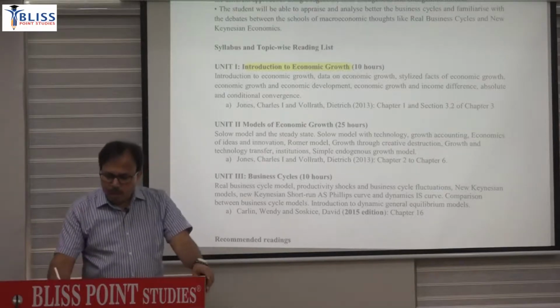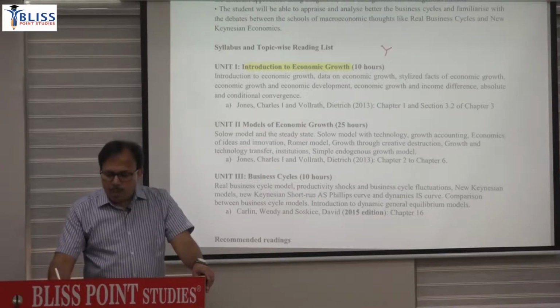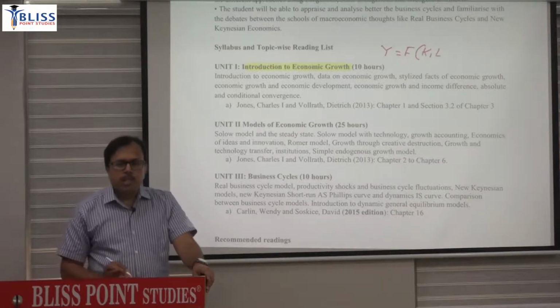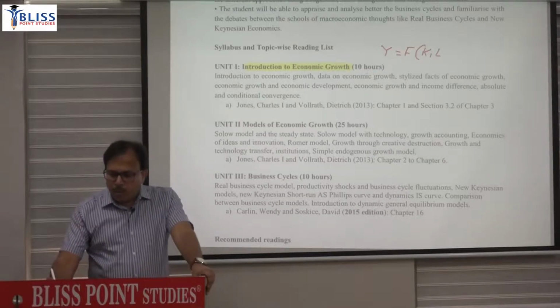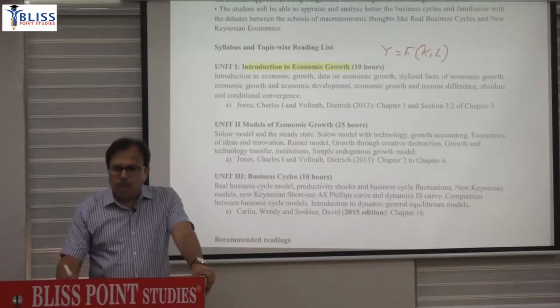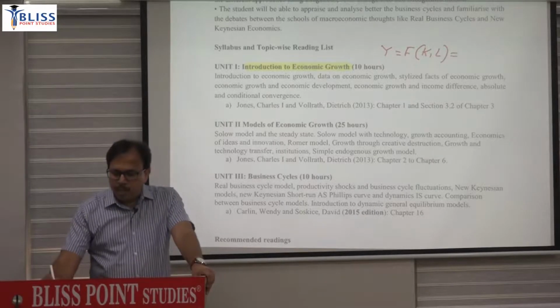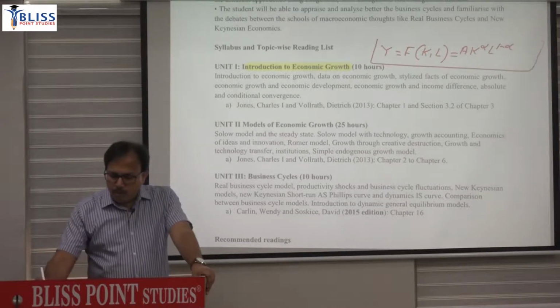For example, if you write GDP and plot GDP, Y, then GDP is basically a function of capital, it will be a function of labor, it is a function of technology. So we can write production as a function of capital and labor, and then you can write a specific form of it. Like if I write A capital to the power alpha, labor to the power 1 minus alpha.